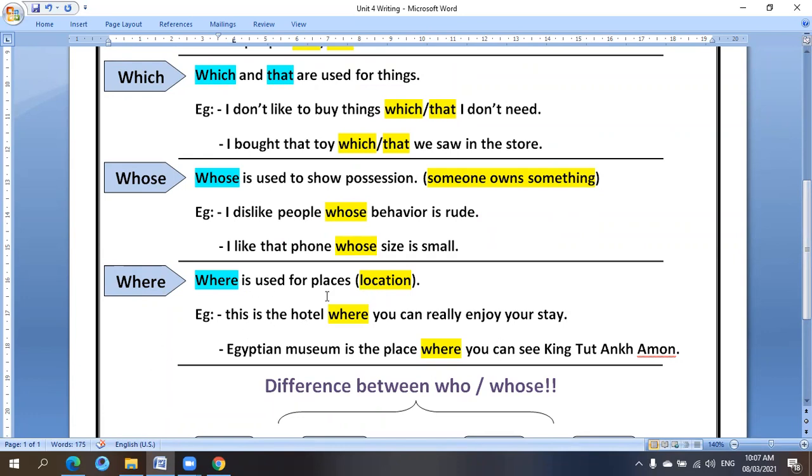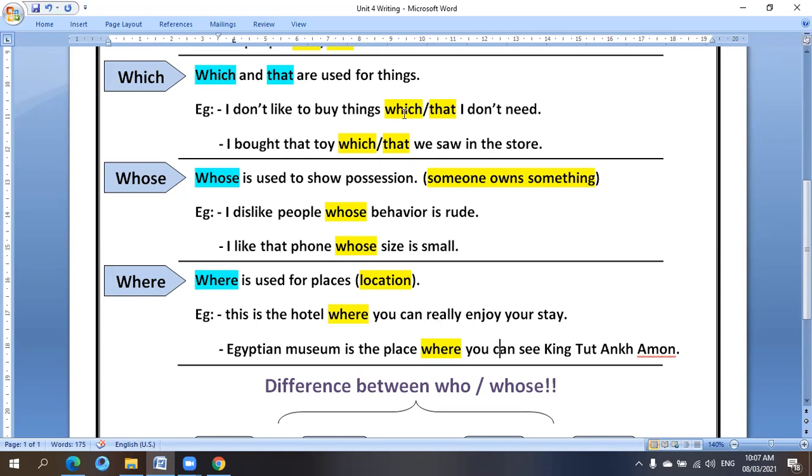Can we use anything else instead of where? Yes, we can use which with a preposition. Like what? We can say, this is the hotel in which you can really enjoy your stay.